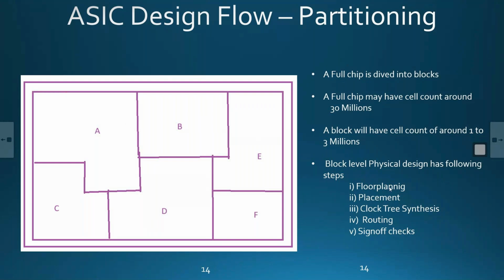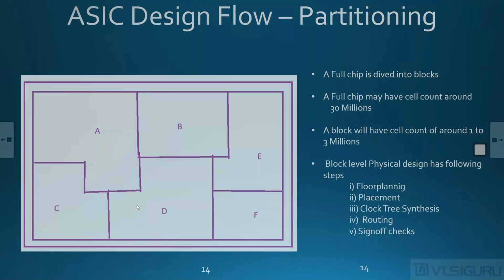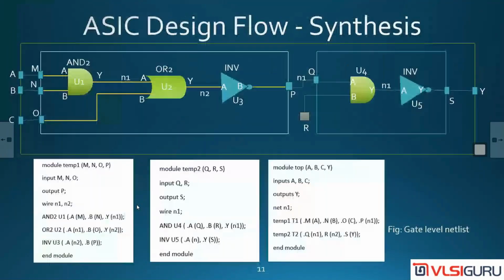For each block, we will have floor planning, placement, clock tree synthesis, routing, and signoff checks. For each block, A block, B block, they will have their separate netlist like this, right? This is a netlist for which block? Temp1.